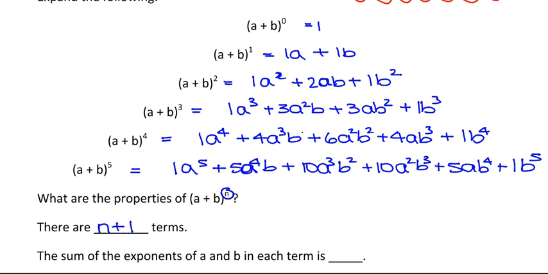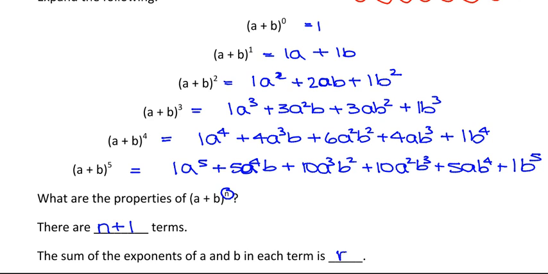So the sum of the exponents, 3 plus 1, still 4. Here, 2 and 2 is 4. Here, a to the 1 times b cubed, that gives me 4. And here I have b to the power of 4. So the sum of the exponents of a and b in each term is equal to the exponent of the binomial that you started with. So the sum of the exponents in each term is simply n.